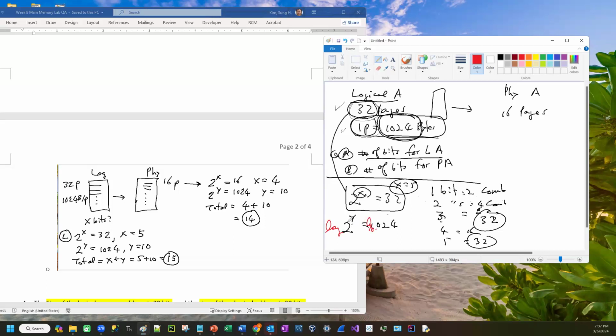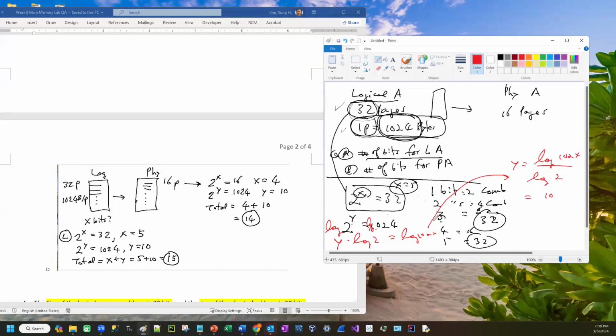So that becomes y times the log of 2 is equal to log of 1024, and so y is equal to log of 1024 divided by log of 2. If you do that, you get 10. If you have a calculator, you can figure that out.